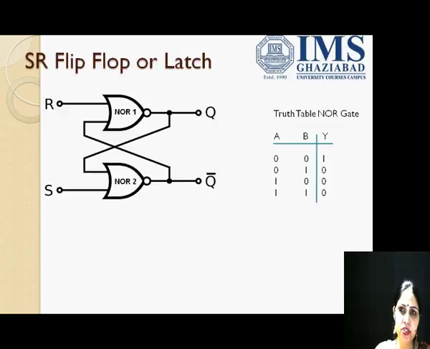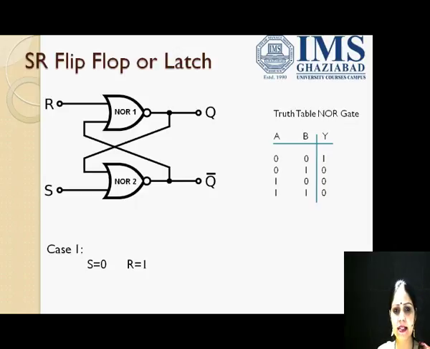Herein we have used NOR gate. So we would be first discussing the truth table for NOR gate. Let us design it. Say we have a two input NOR gate. A and B are the inputs and Y is the output. If the values of input for NOR gate is 0, 0, the output would be 1. Otherwise, the output is 0. Now, case 1.